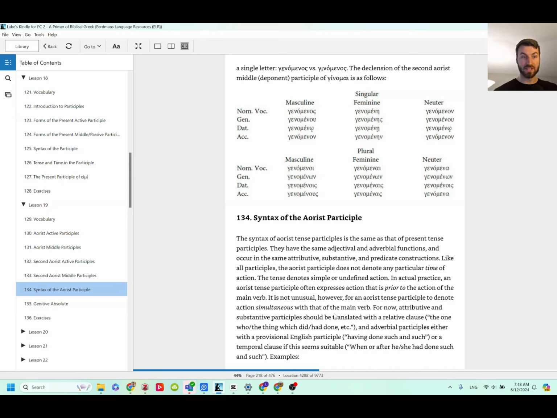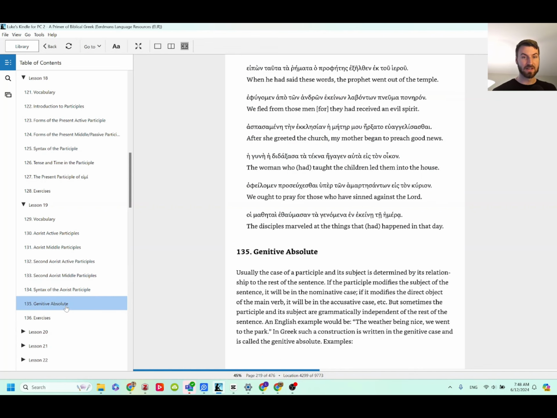The more difficult thing you are learning about is this last section called the genitive absolute. The genitive absolute is used when you want to talk about a participial phrase that has a different subject than the main phrase.